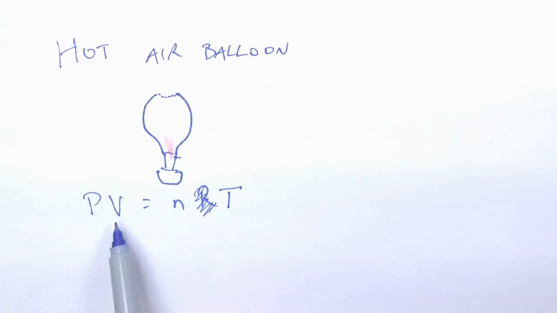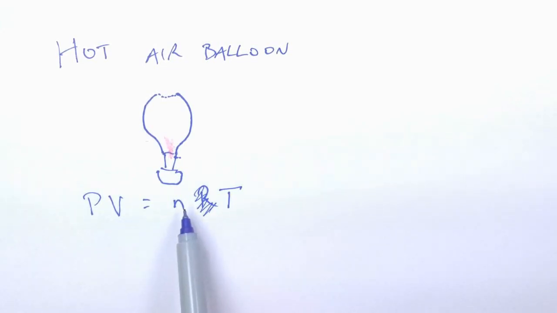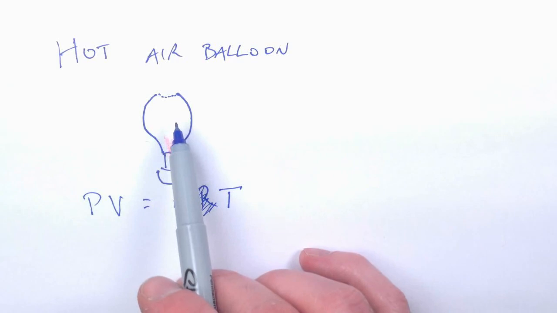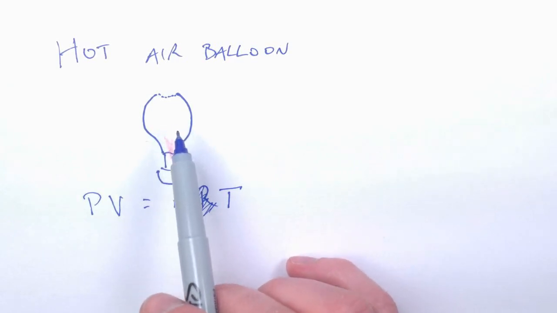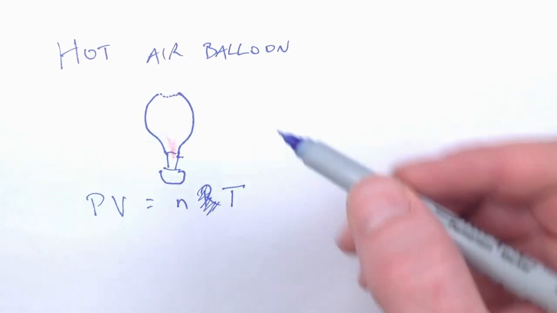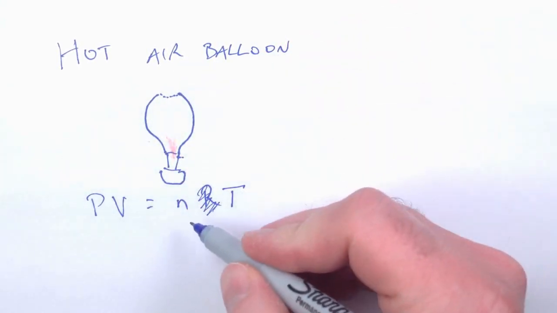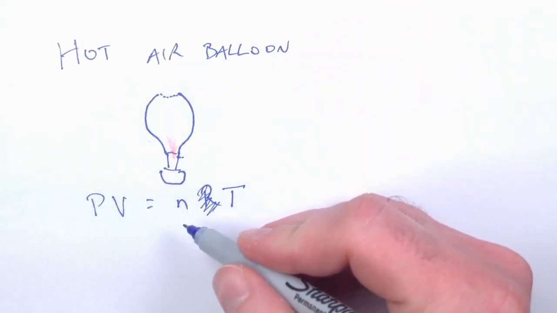The volume of the hot air balloon will remain the same. So the only variable left is this. What happens when the temperature goes up is, because the pressure and the volume can't change, the only thing that can happen is air will leave the balloon, and that means that the amount of air inside will go down.